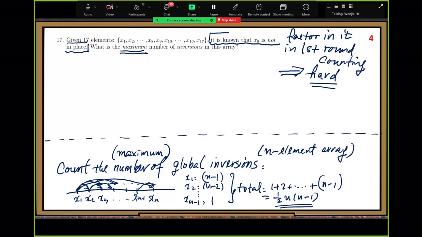Remember, I mentioned this strategy before. So we want to work on a simplified version first. Our problem solving strategy: when a problem is relatively hard to solve, we work on a simpler version of the problem.